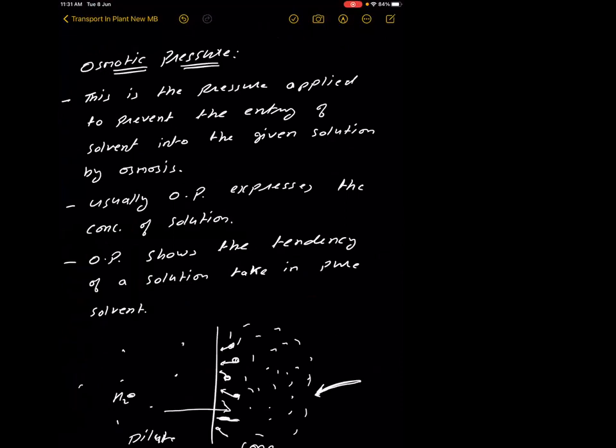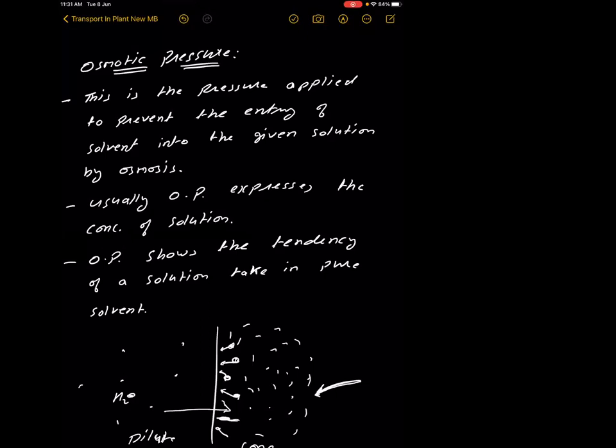A wall means the plasma membrane. So on the membrane, on the wall, to restrict, to inhibit, to prevent the passage of water into the solution. Through this semi-permeable membrane, osmosis occurs now. So it means it prevents that osmosis. It prevents the entry of water molecules into the solution.